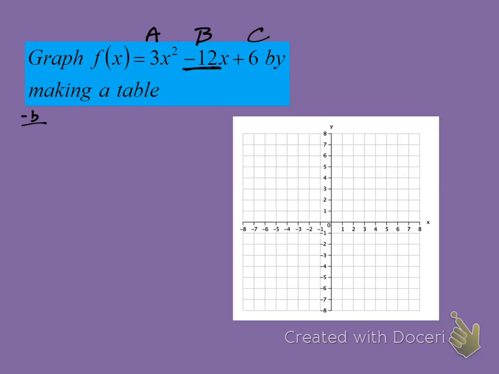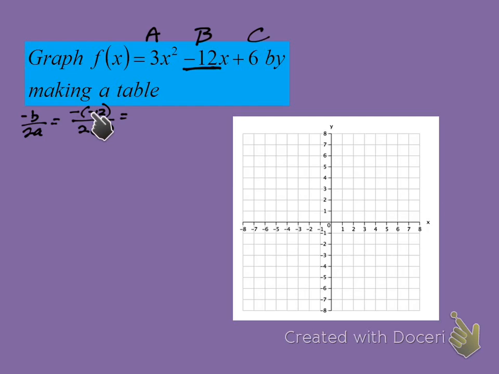So we've got negative b over 2a as step 1. We've got the negative sign from here, and b is negative 12, all over 2 times a, which is 3.